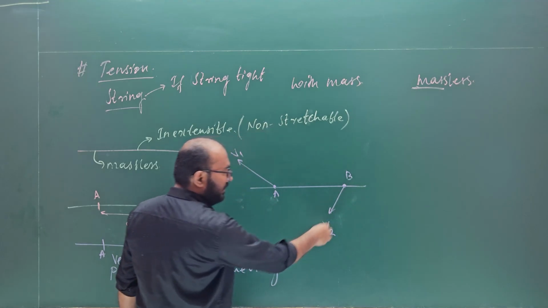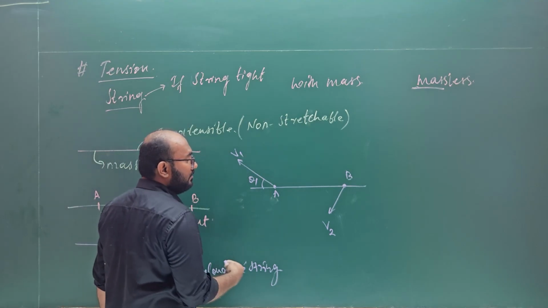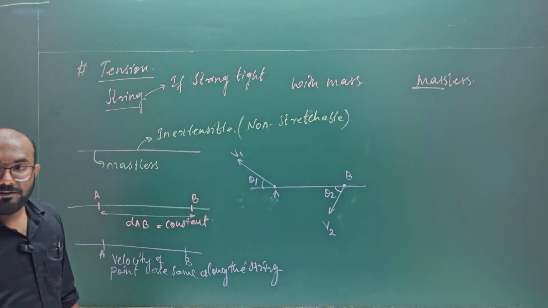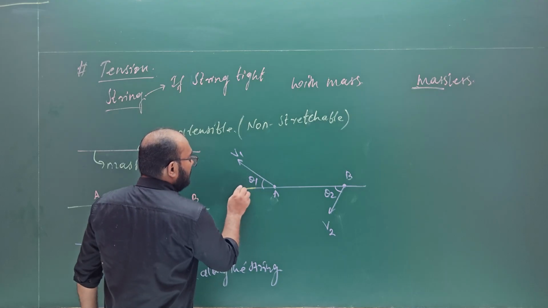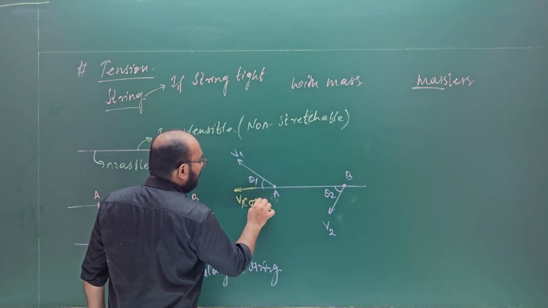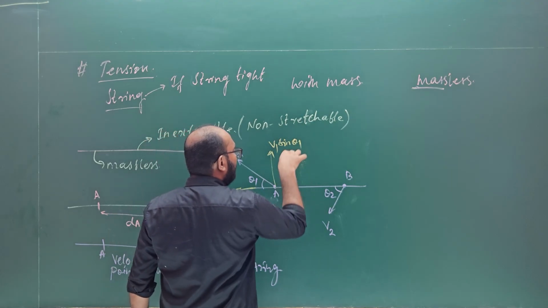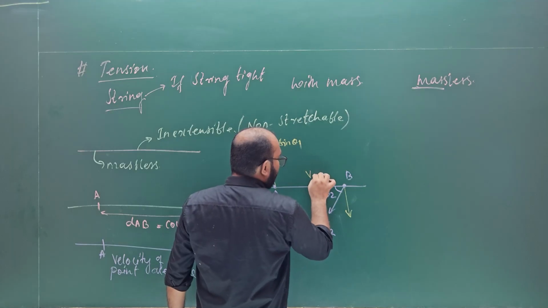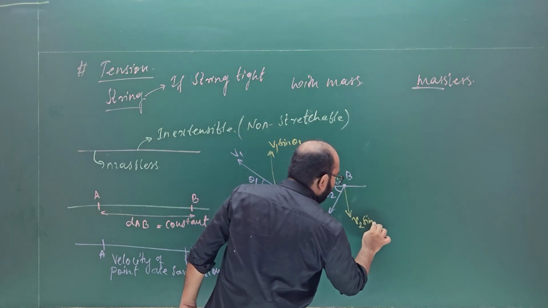Let's say this makes an angle theta 1, and this makes an angle theta 2. Along the string, this becomes v1 cos theta 1, and perpendicular it is v1 sine theta 1. Similarly, v2 cos theta 2 and v2 sine theta 2.